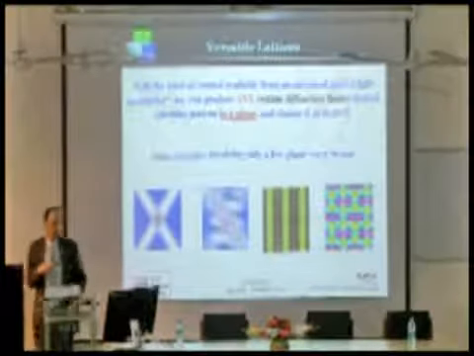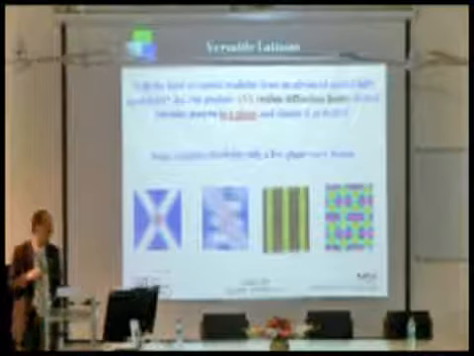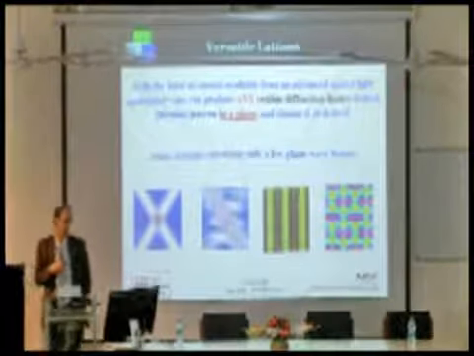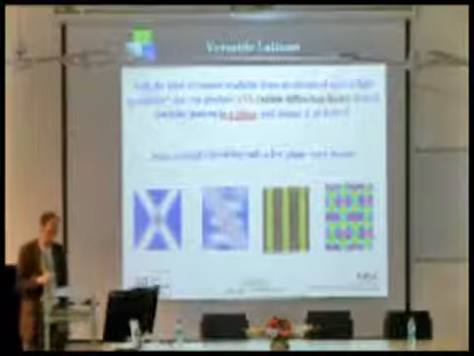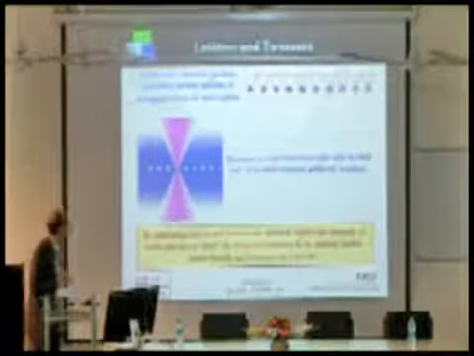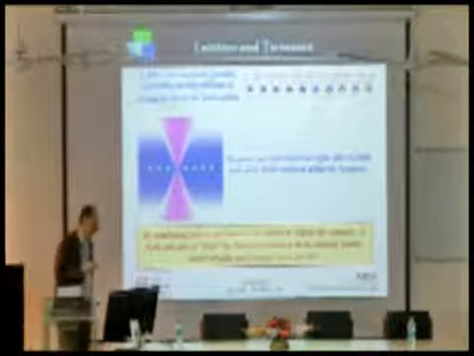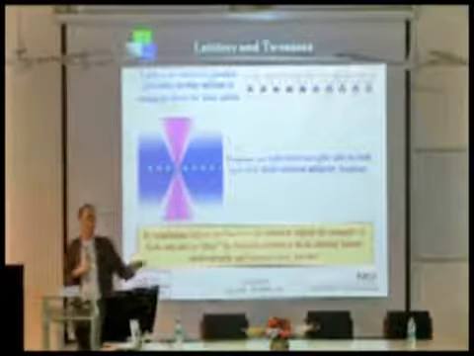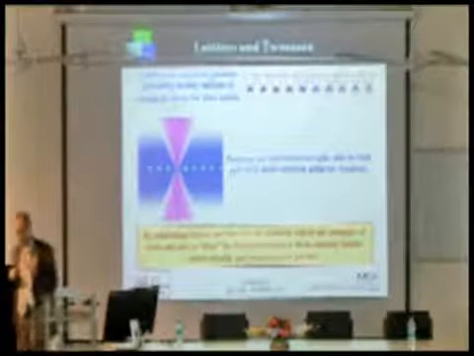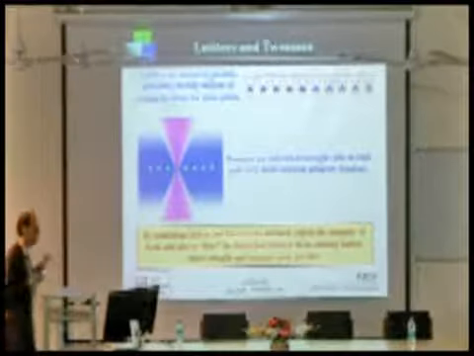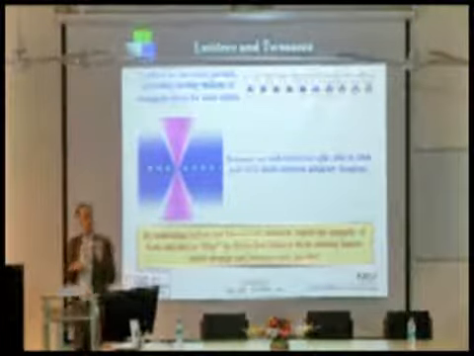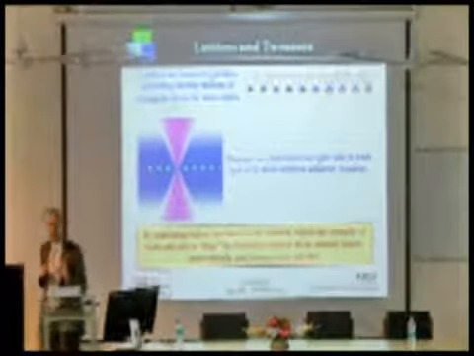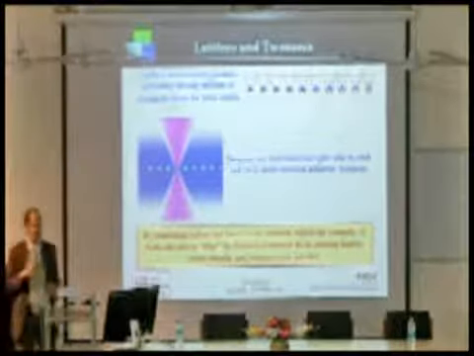I've shown you a few examples of the kind of patterns that can be done with just a few beams up here on the table. And each of those spots can become a place where I can trap an atom if I have the atom cold enough. Better yet, not only can I have this periodic pattern, I can bring in a focused beam, a so-called tweezer, which is now being used to manipulate DNA and other things, and push one of them ever so slightly so I can make it more resonant than another one.